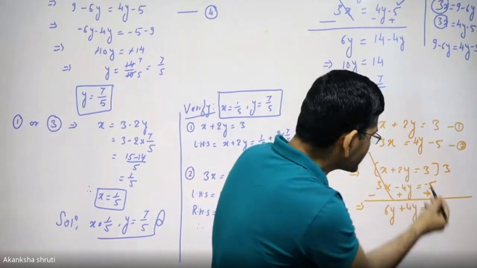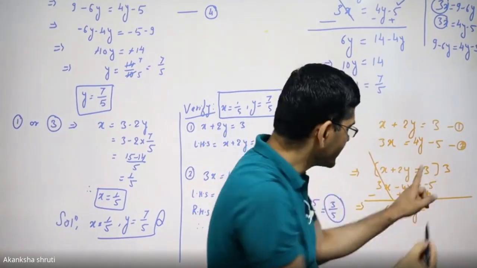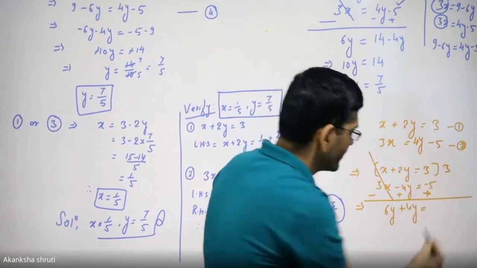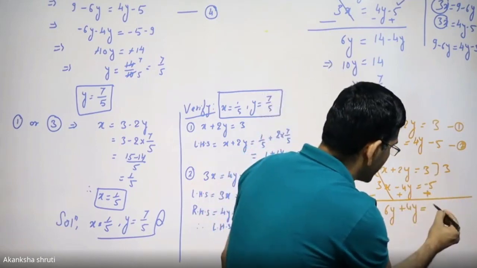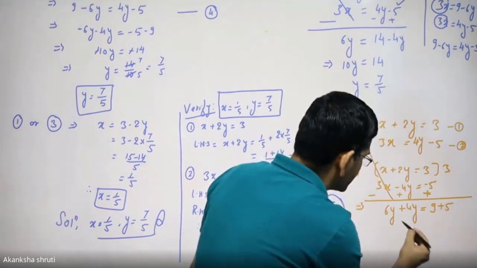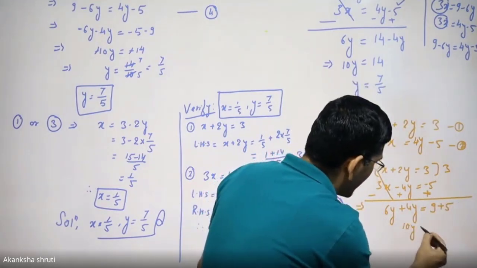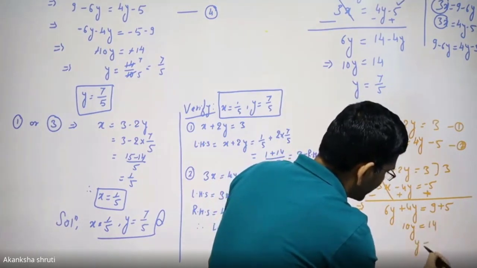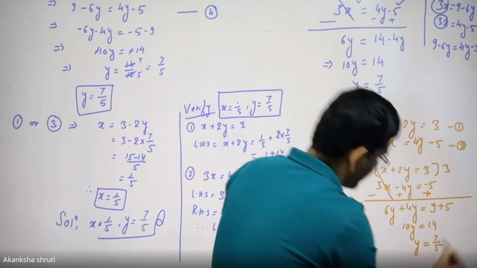On the right hand side, this 3 is not only 3. This bracket signifies this 3 has been multiplied with the other 3. So this is our 3 3s are 9, and this is plus 5. You will get the same thing. 10y is equal to 14, and y value is 7/5.